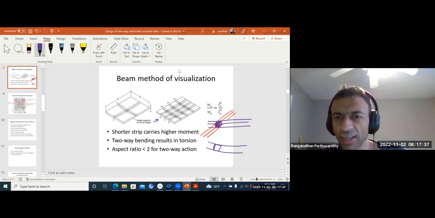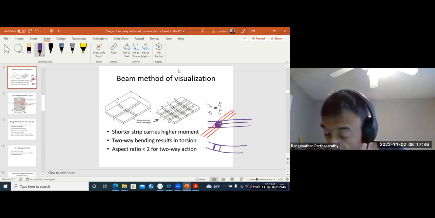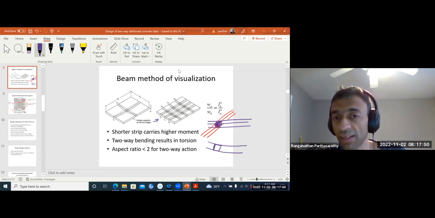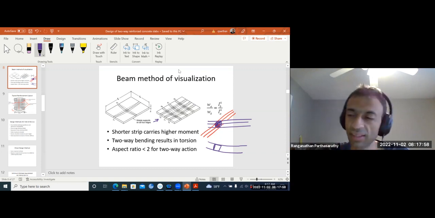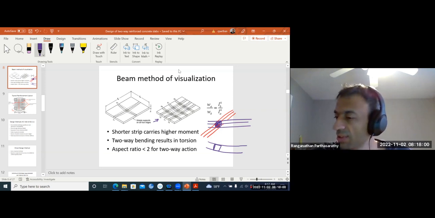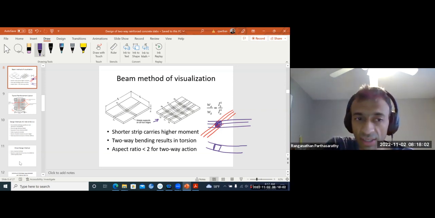It's not just like you have one beam bending this way, another beam bending this way, and you just add up both of them. No, two ways is much stiffer than that, because the bending in one direction is greatly increasing the stiffness in the other direction as well, because of torsional effects, torsional restraint.